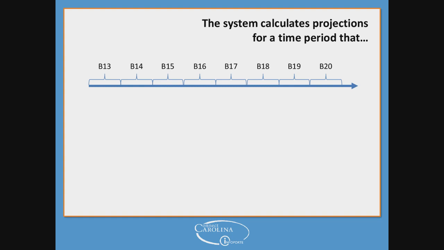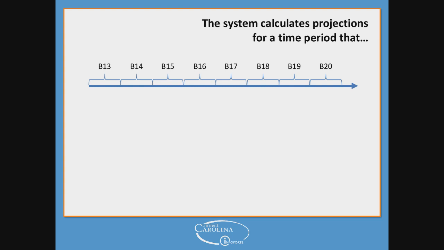Anybody in the HR payroll world tends to talk in terms of M6 and B26 and M3, and all they're talking about is whether it's biweekly or monthly. M6 is monthly pay period 6, and B26 is biweekly pay period 26. The timeline I'm showing covers B13 to B20, and this is just an example, not real time.